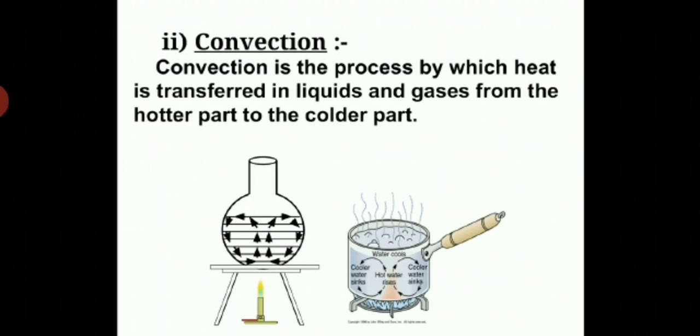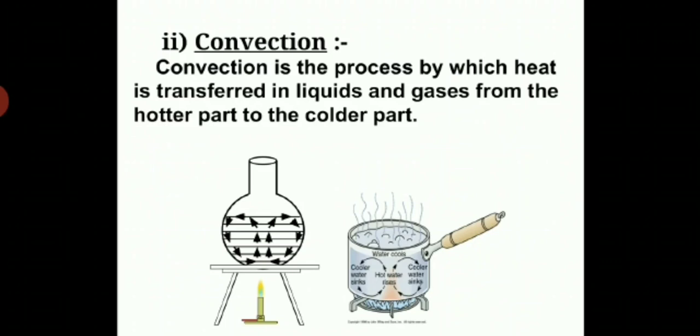Here in this diagram you can see a round bottom flask. You take water and you heat it. There is a mass motion of the fluid when you are heating it, and it moves away from the source of heat, carrying energy with it.